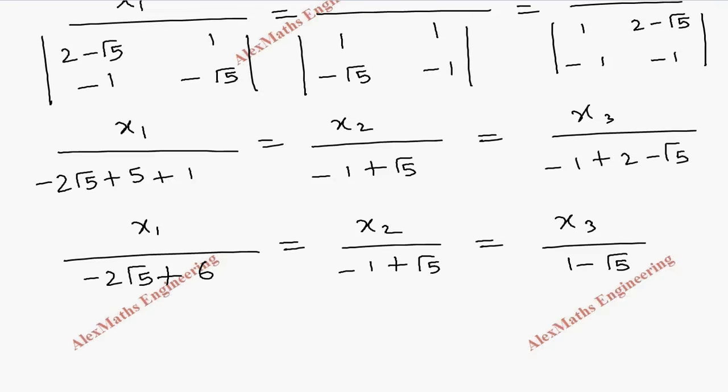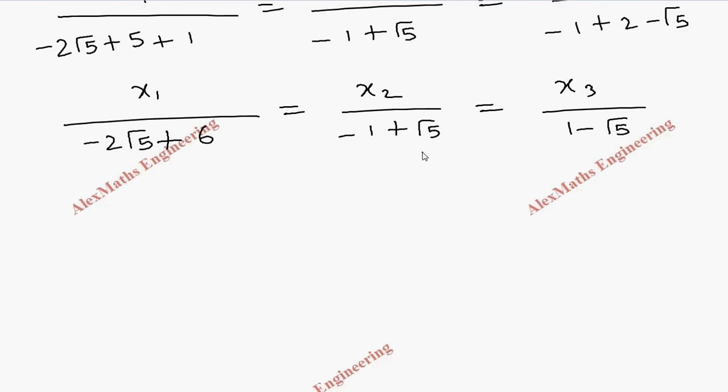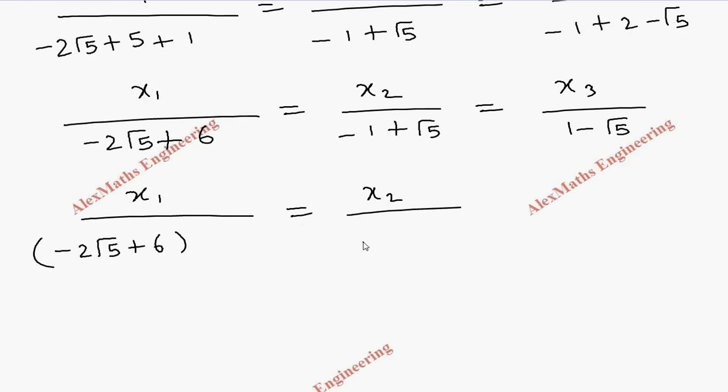So we can see a common term in the second part and third part. Let's rewrite this once again: x1 by minus 2 root 5 plus 6, and here we take root 5 minus 1, and here x3 by, if I take minus common I get root 5 minus 1.